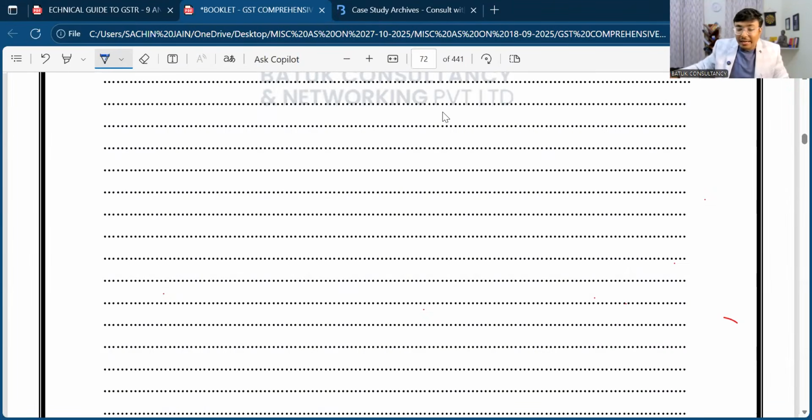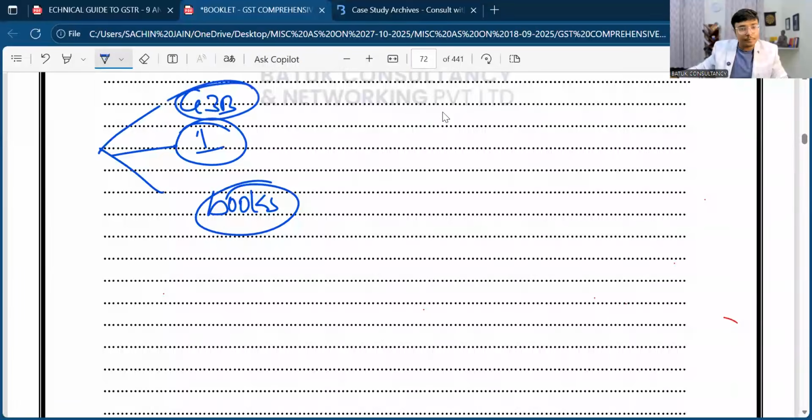So basically there are 3 type of documentation which may be there, or 3 type of scenarios which may be there in GST. One is your 3B, one is your 1, and another one is your books. And basically while filing the GSTR-9 return, your all the 3 line items should be reconciled. That is what is the purpose of this GSTR-9. Okay, 3B, 1, and books of accounts.